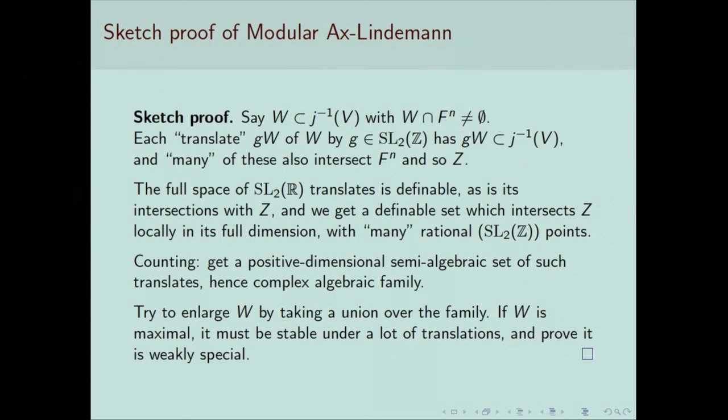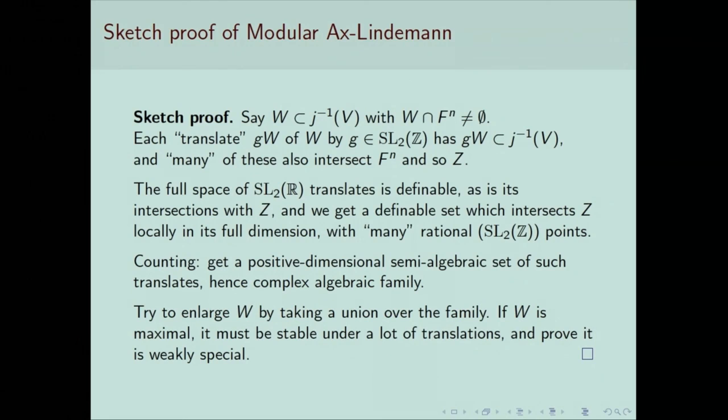So we can look at all the SL2R translates of W and ask which ones intersect the fundamental domain and are contained locally in Z. That's a definable condition. So we end up with a definable set that has many SL2Z points. Those are integer points.